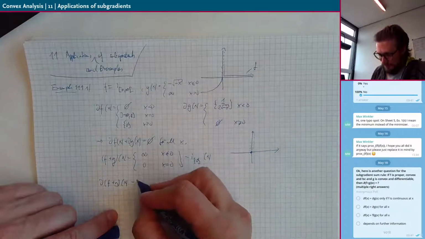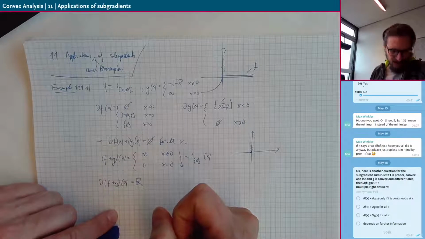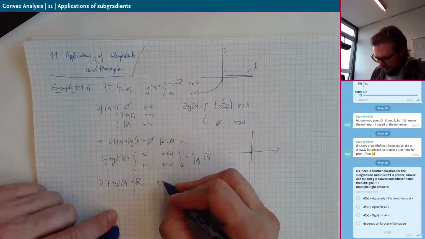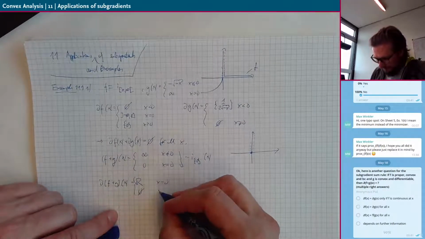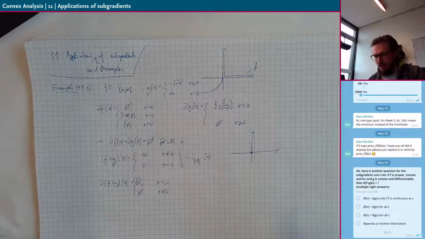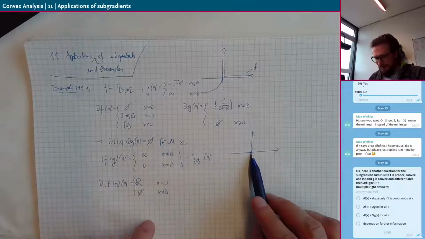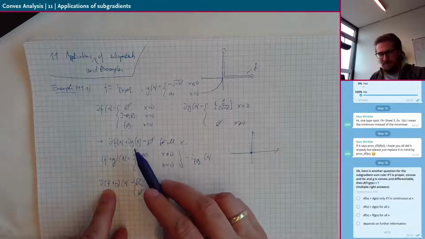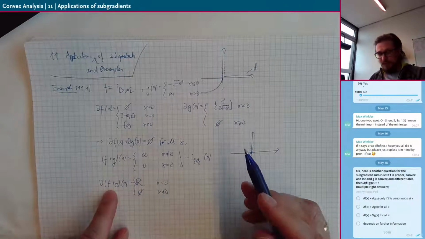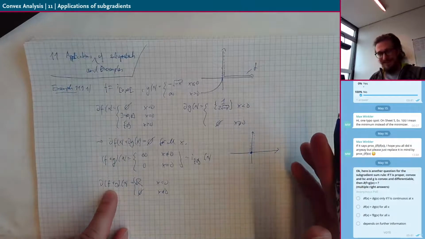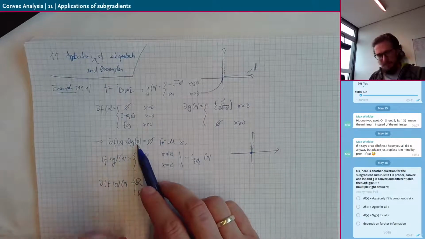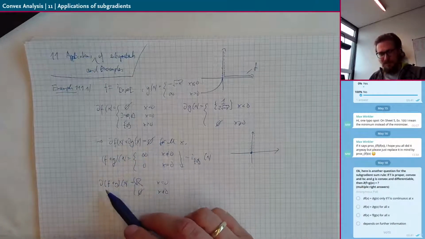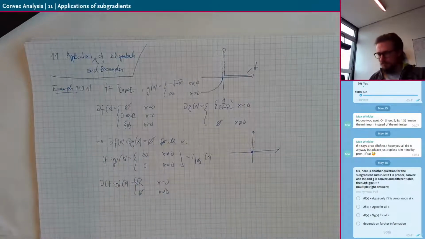It's actually the real line at x equals 0, and empty otherwise. So we see that the subgradient of the sum is much larger than the sum of the subgradients. It's really a proper inclusion, and it's even as extreme as it can get. The sum of the subgradients is empty, and the subgradient of the sum is everything which could be possible.